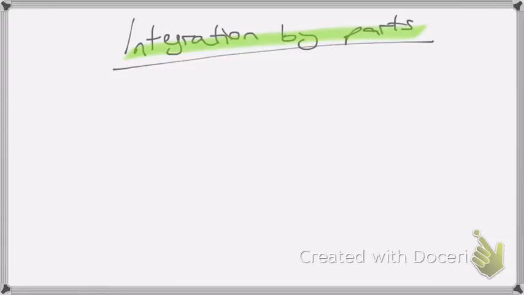So I'm going to start by writing down the formula for integration by parts, and I'm going to write it down with u's and v's. So (uv)' equals uv' plus vu', right? Take the derivative of one, leave the other alone, take the derivative of the other one, leave the first alone.